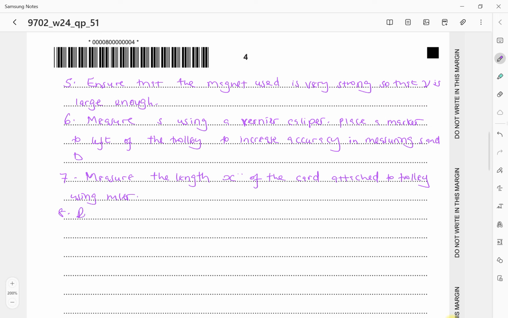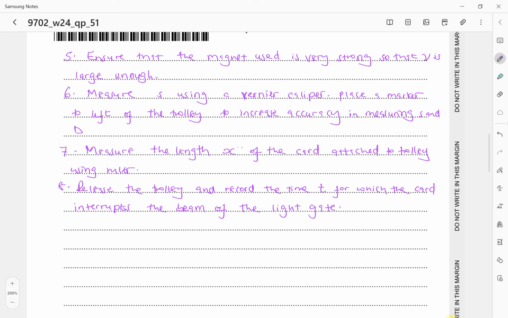So step 8, release the trolley and record the time t for which the card interrupts the beam of the light gate.